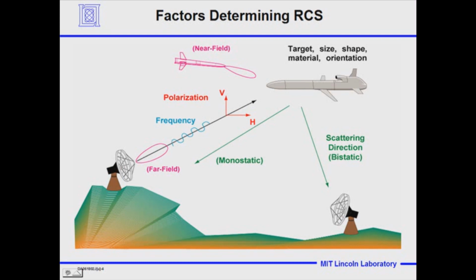Now you can imagine when you have a bistatic radar system, when designing that system, you're going to want to know the bistatic cross-section. That is, the cross-section not just as a function of the orientation of the object, but the orientation of the radar relative to the object, and also the orientation of the receiver.